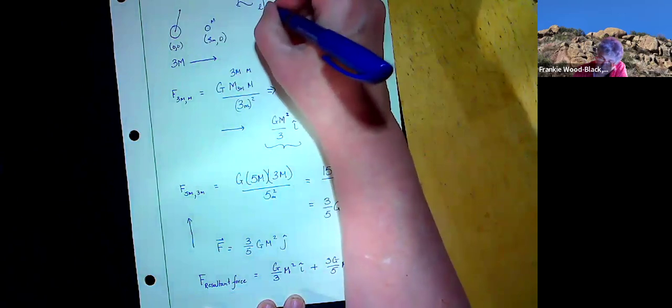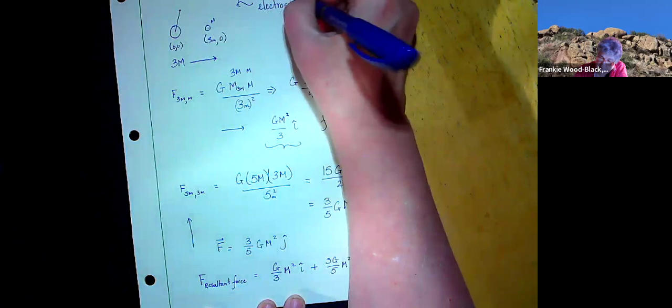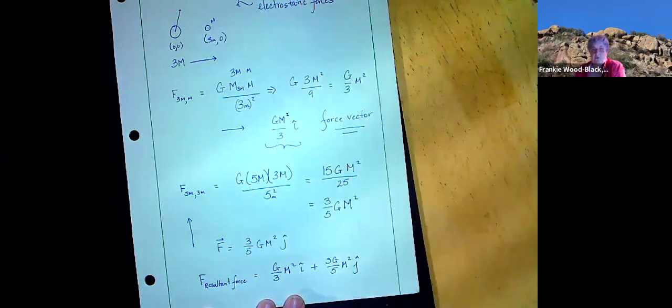And we'll see this again in electrostatic forces. So for those of you that get to take physics 2, we're going to see this same kind of concept in physics 2 with electrostatic forces.